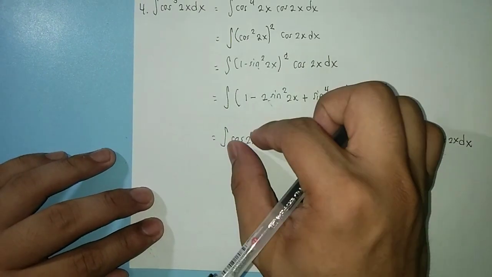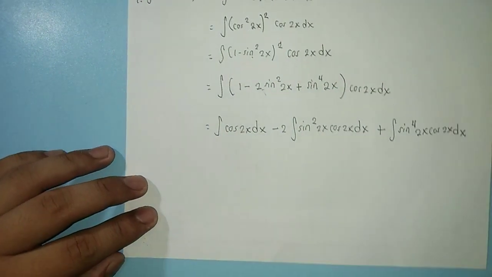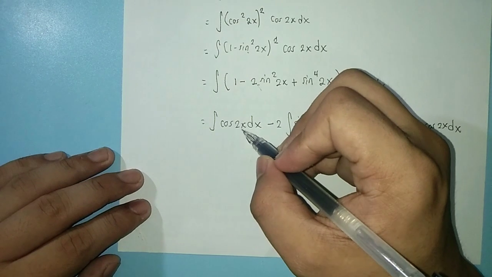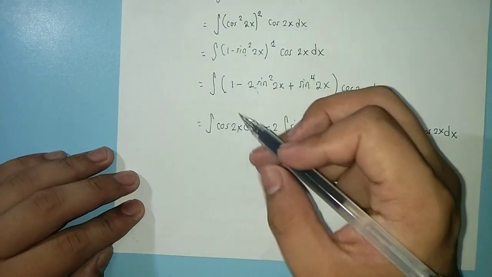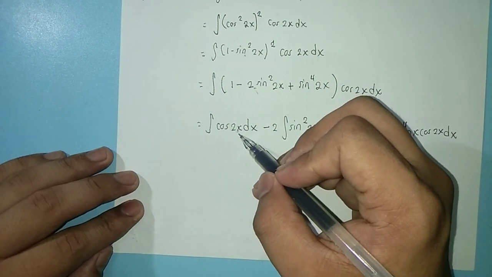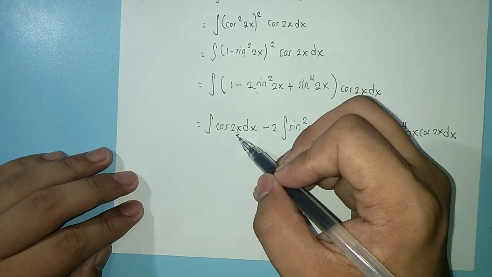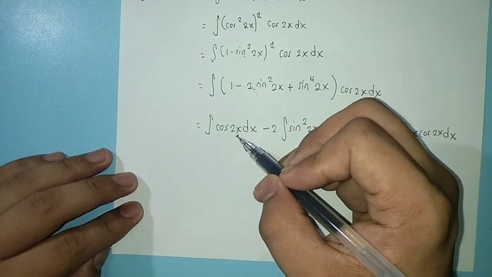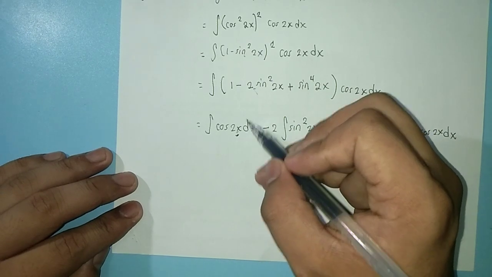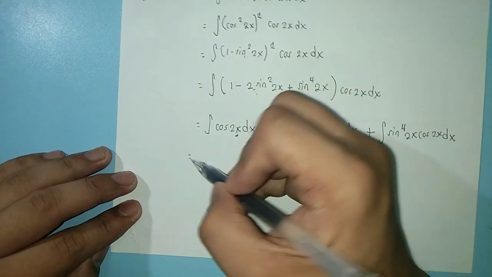So next, dito naman, ano yung u natin dito? Integral ng cosine 2x. Ang u natin dito ay yung 2x. Okay? Kung ang u natin ay 2x, ano yung du? That is 2dx. No? Derivative ng 2x, that is 2dx. So, kailangan natin ng 2 dito. So, maglalagay tayo 1/2.